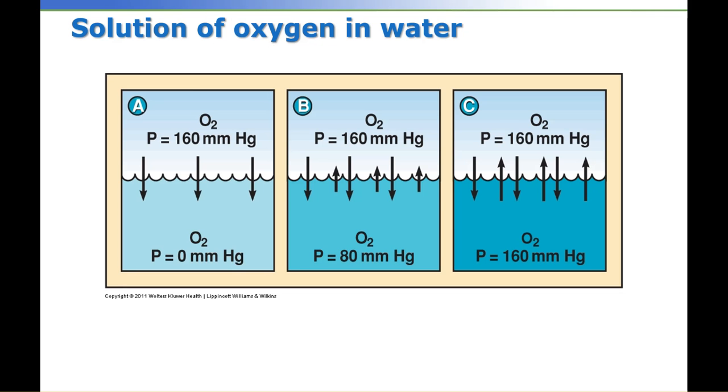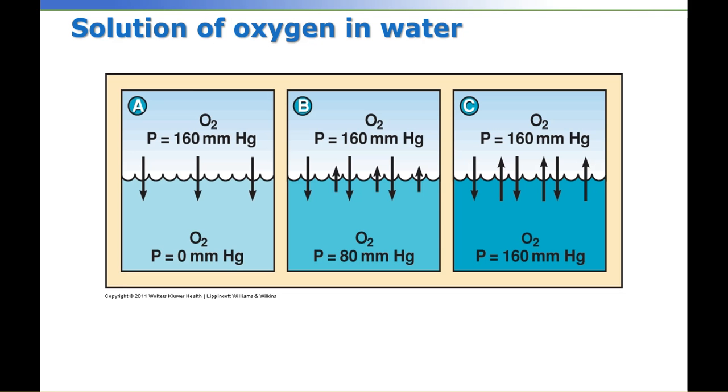And this here really talks about diffusion. Okay, solution of oxygen and water. So you have diffusion where you go from high concentration to low. That's why above the water you see 160 millimeters of mercury. It's the pressure of oxygen. It's going in, diffusing into the water. Then you have B. You have 160 outside the water, and then the fluid, or yeah, it's water in this example.